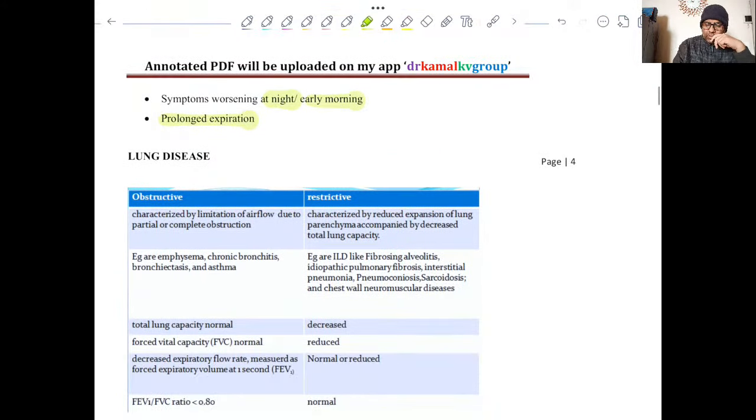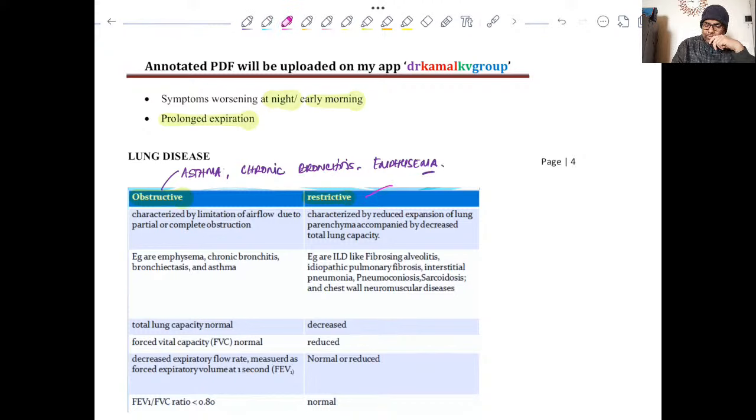Then one should know the difference between obstructive and restrictive lung disease. Now obstructive is, of course, your asthma, then chronic bronchitis, and also your emphysema. Clear? So these are three important conditions here.